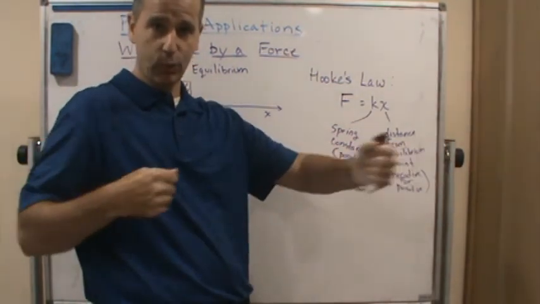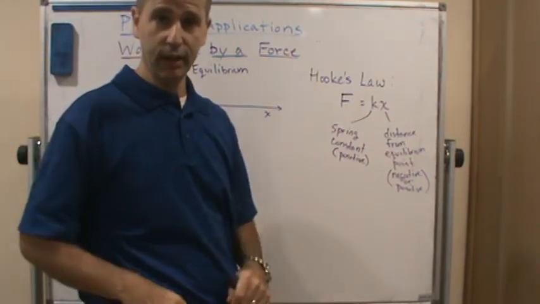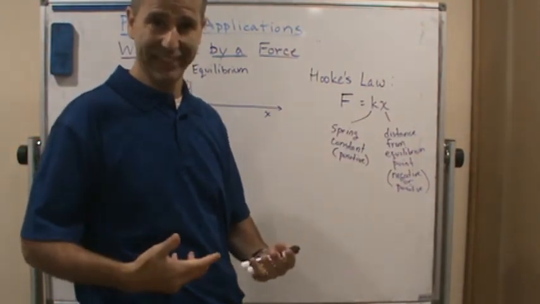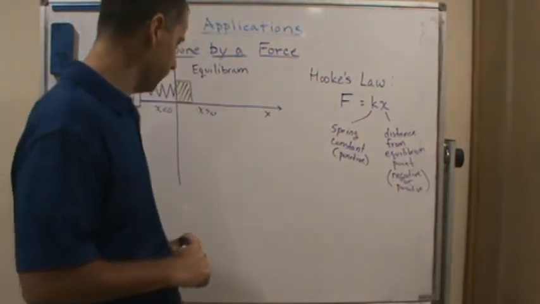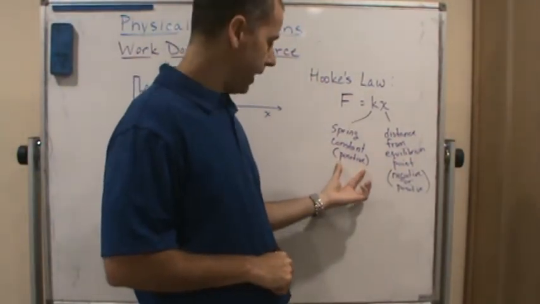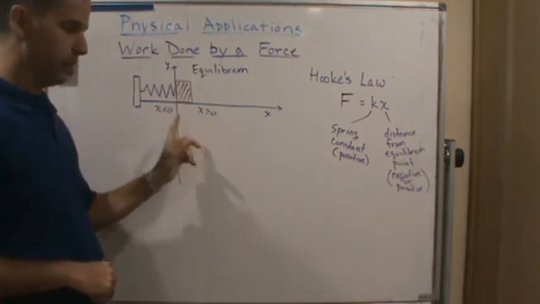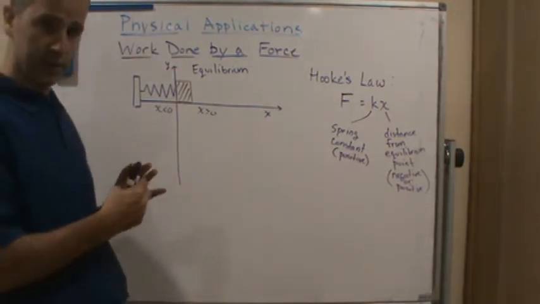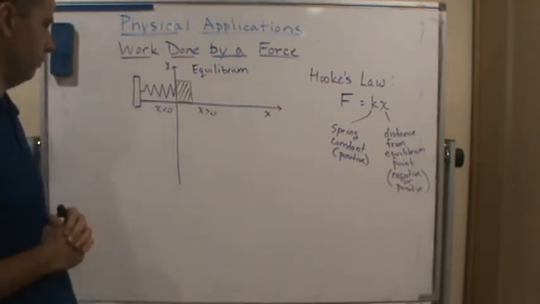You pull one of those metal slinkies too much, you basically ruined it. So, we're assuming that none of that is happening, okay? So the spring constant is always positive, but the distance, as you can see, x can be positive or negative depending on whether it's compression or a stretch.